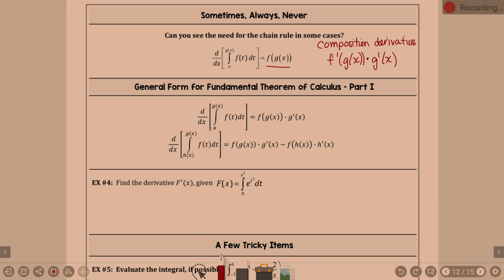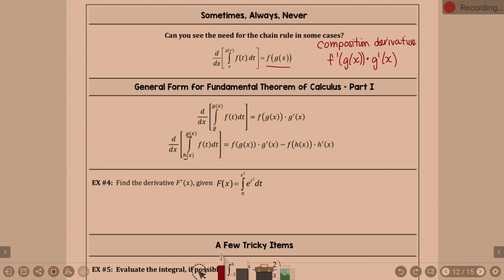So looking at the general form for fundamental theorem of calculus, part 2, the examples we just came through. Here's the one where the lower bound is a constant. Here's the one where both pieces are functions.